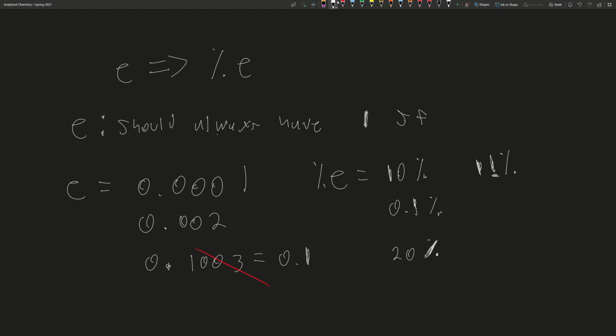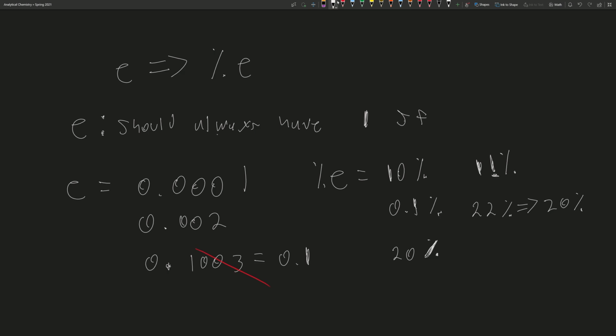In cases like, for instance, 22%, if you were using it strictly for a mathematical equation, you would keep this value. But if you were just using it for a representation, you would probably want to round this to 20%. The idea is you typically only want to have one significant figure if you're going to be representing it, because technically speaking, your absolute uncertainty only has one significant figure.